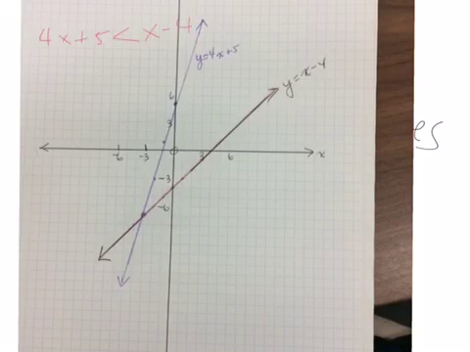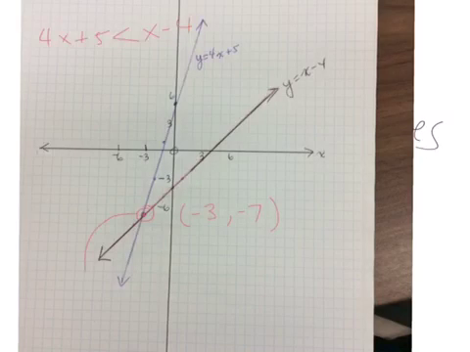Okay, so as you can see, we can look at the point of intersection here. So at -3, -7, looks like that's where the point of intersection is for those two lines, right? So as you can see, to the left of that -3, you see how the purple line, y equals 4x plus 5, is lower than y equals x minus 4?